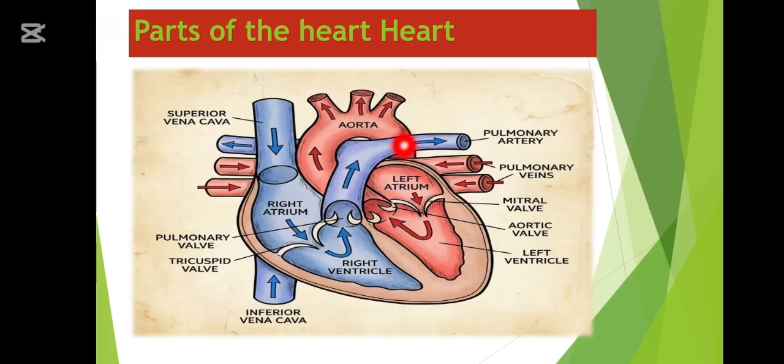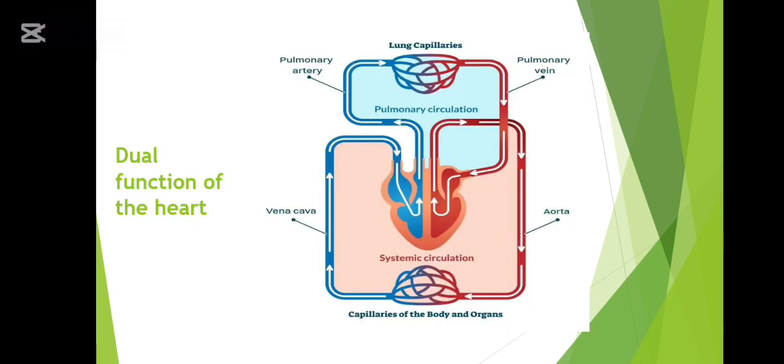Once it is purified in the lungs, it goes back and comes to the heart using the pulmonary vein. Once blood reaches the left ventricle, it can be pumped into the aorta, and then the aorta can distribute this blood to the rest of the body. It is that simple. So these are various parts of the heart you should focus on.